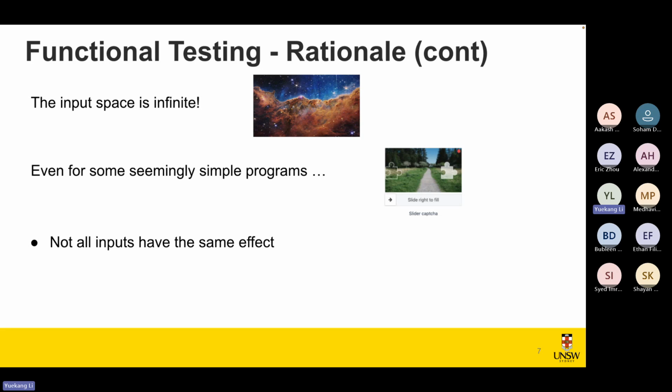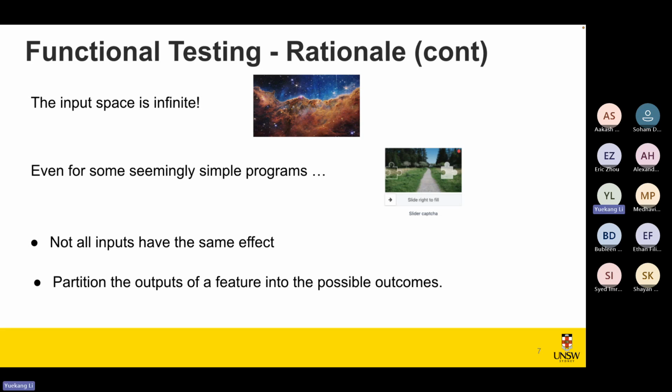However, not all inputs have the same effect, right? Because we know that certain inputs can trigger bugs, and different inputs can have different outputs from the program. So not all inputs have the same effect.